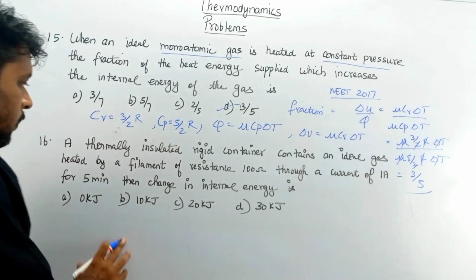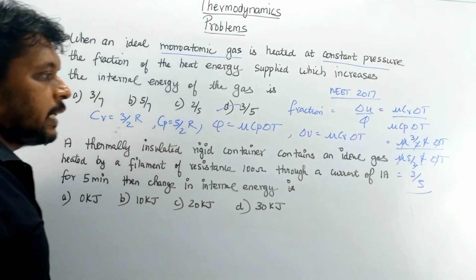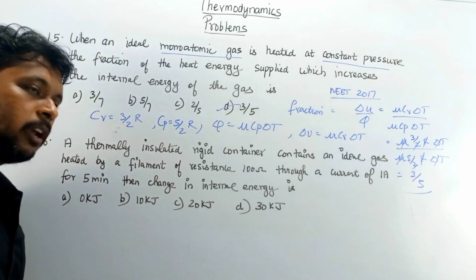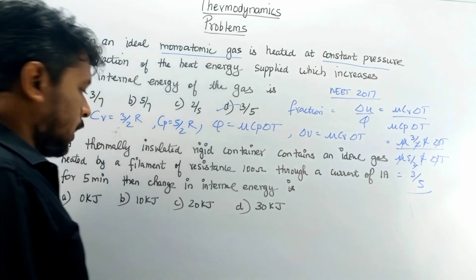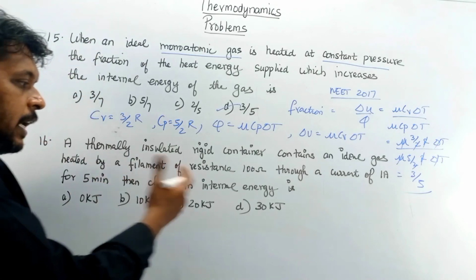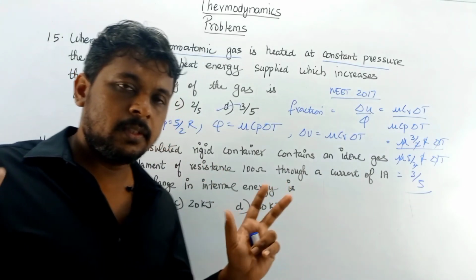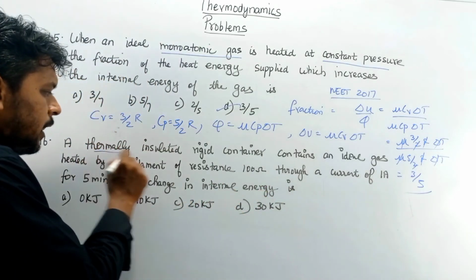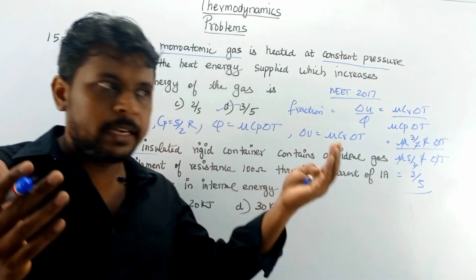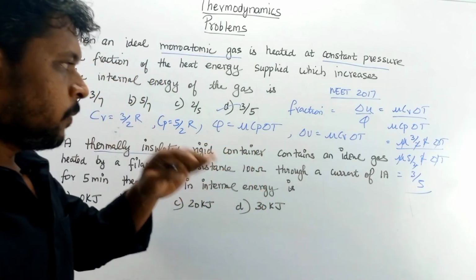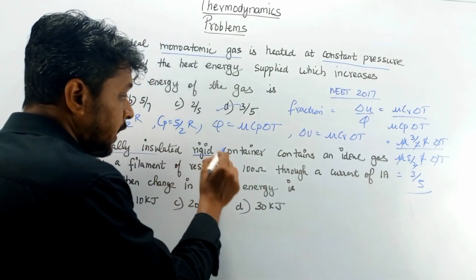So next problem we have: a thermally insulated rigid container contains an ideal gas heated by a filament of resistance 100 ohms through a current of 1 amp for 5 minutes. Then the change in internal energy is. See that here they have given a thermally insulated container. It means that outside heat cannot go inside the container. See, the container is a rigid container.